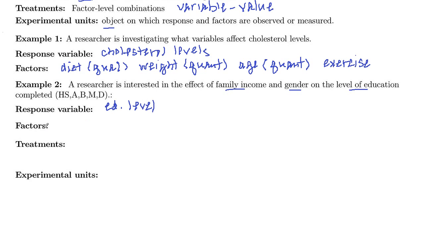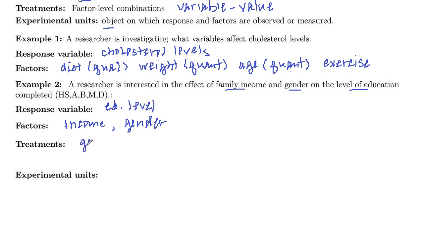And then the factors, the independent factors that we're interested in, are family income and gender. And then the treatments. So the treatments are the factor level combinations, variable value combinations.